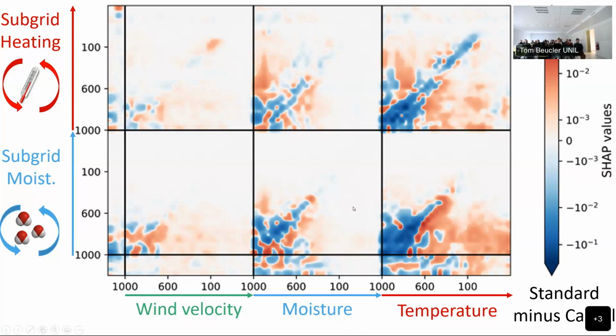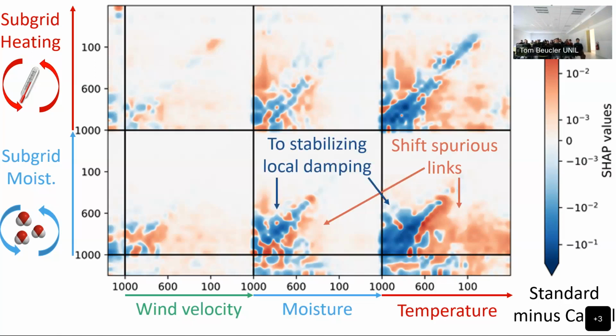So red is where the brute force neural network gives more importance, and blue is where the causal neural network gives more importance. You can see it's kind of reassuring because the causal neural network shifts the importance away from these spurious upper atmospheric links to the diagonal, which is a stabilizing local damping.